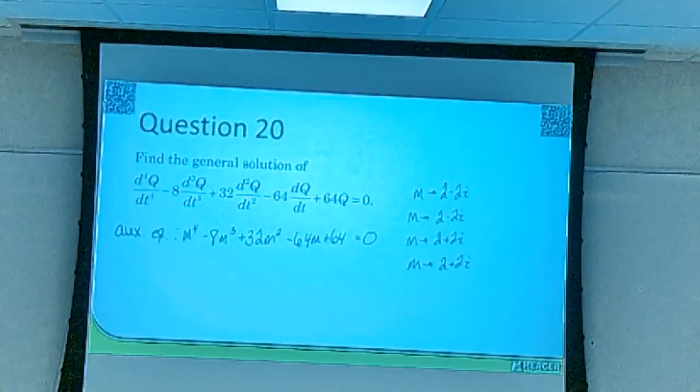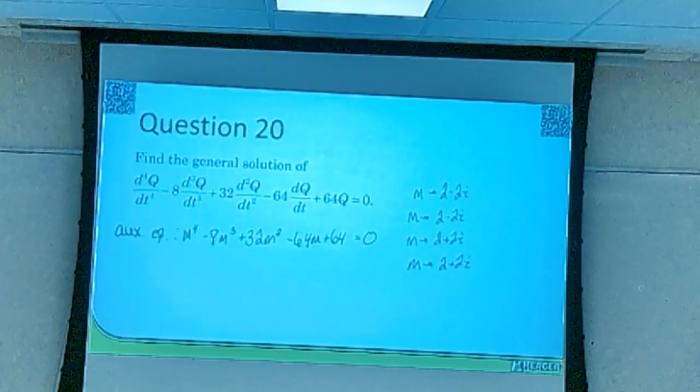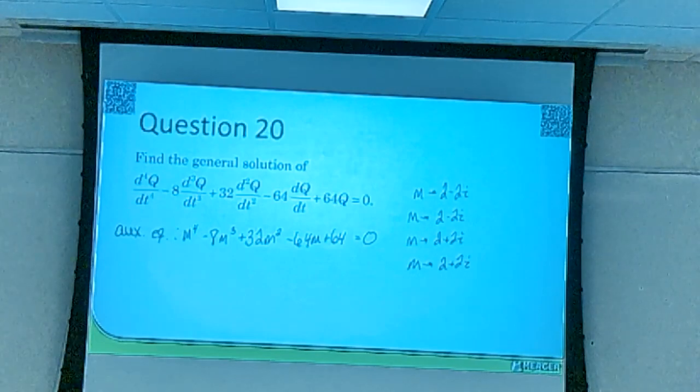If you plug in the rule from that, the roots are 2 minus 2i with a multiplicity of 2, and 2 plus 2i with a multiplicity of 2.